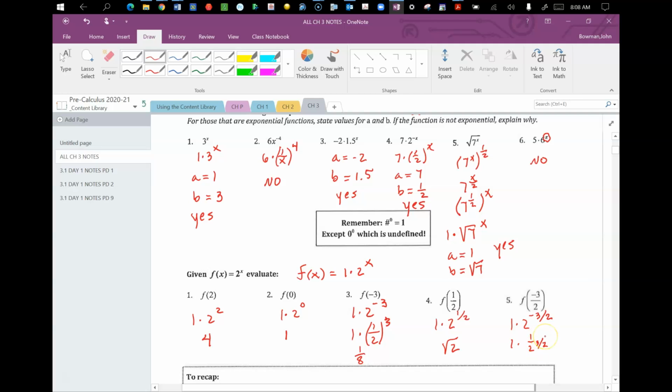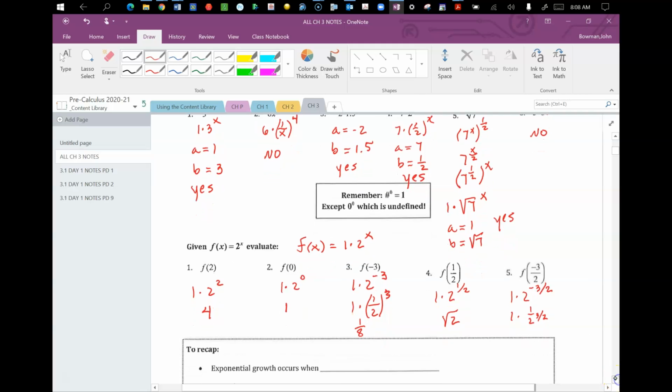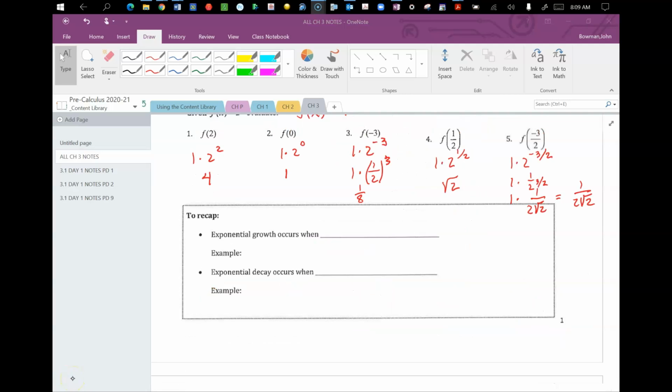So that 3/2 only goes on the denominator there, which is going to be 1 times 1 over 2 root 2, or 1 over 2 root 2. Again, I can't remind you enough, if you're struggling with properties of exponents or properties of radicals, some of that stuff that I just simplified there, make sure you ask your teacher about it.